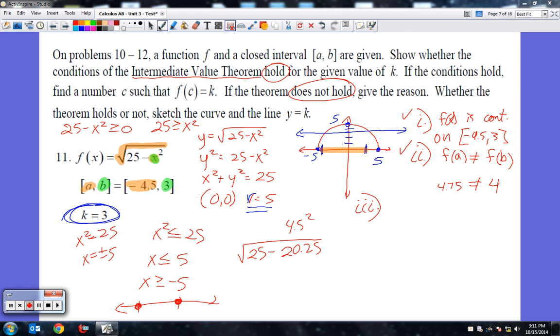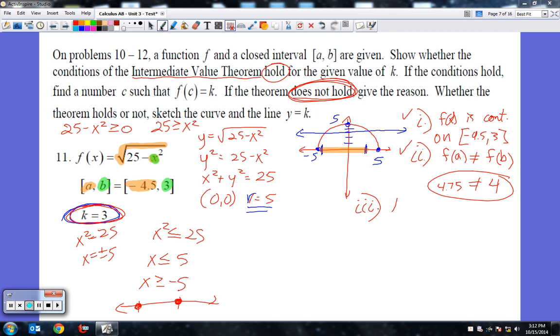Now, k is equal to 3. Here comes that part that I was showing you on number 10. To make sure that the theorem holds or does not hold, this k must be between f of a and f of b.